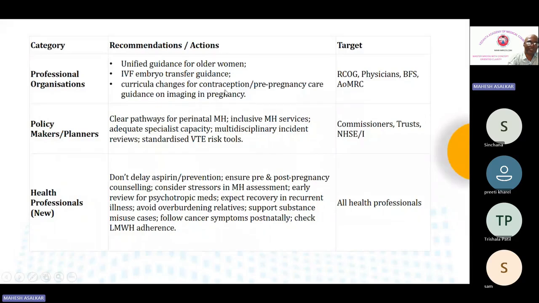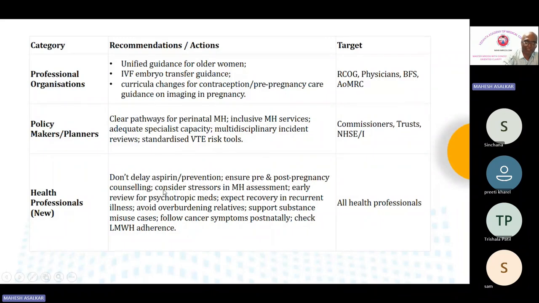Cultural changes for contraception, pre-pregnancy care, and guidance on imaging in pregnancy should be there. For policymakers and planners, there should be clear pathways for perinatal mental health, inclusive of mental health services, adequate specialist capacity, multidisciplinary incident reviews, and standardized VTE risk tools. For health professionals, we have already seen that they should not delay aspirin. These are the preventive measures that should be given to these women.